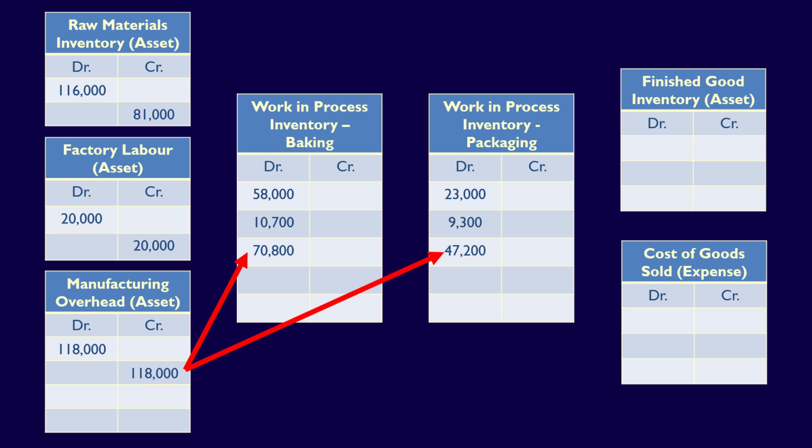To update the T accounts, we would debit work-in-process inventory baking, $70,800, debit work-in-process inventory packaging, $47,200, and credit manufacturing overhead for the full amount of $118,000. Manufacturing overhead in this case would be zero at the end of the period.